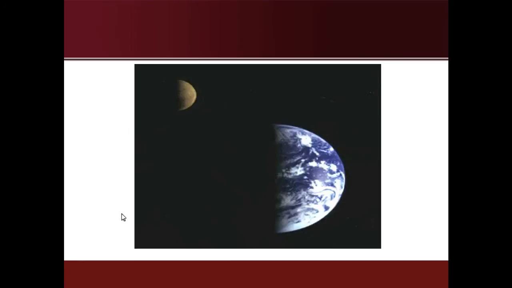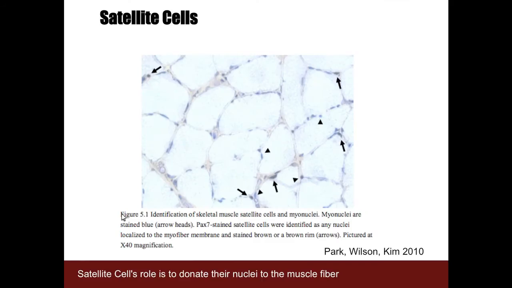All right, so why do I have this random picture in there of the Earth and the Moon? Well, the Moon is essentially the Earth's natural satellite because it's on the periphery of the Earth. Well, if you look here, this is some data that we collected back when I was in grad school. We're using a light microscope, and you can see the individual muscle fibers right there.